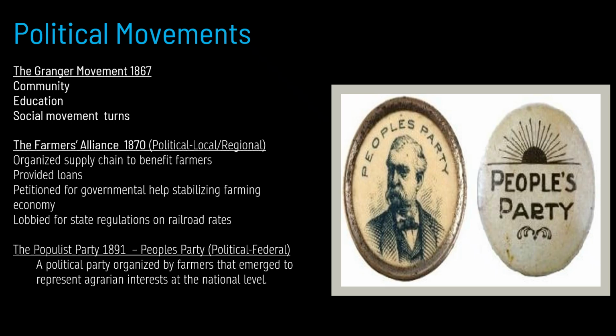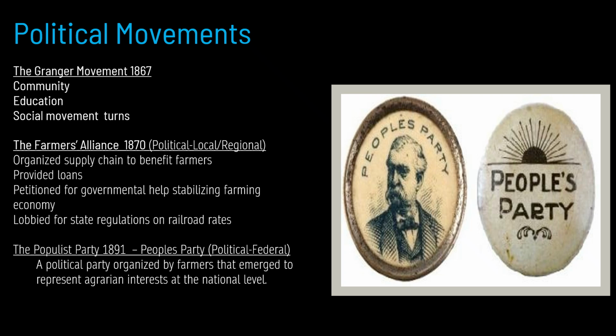At first, the Granger movement was a social organization, a way for all of these isolated farmers, because they have 160 acres, so your neighbor is not right next door. All of these different farmers are going to come together in this community, and they're going to share ideas. They're going to share better ways of doing things.